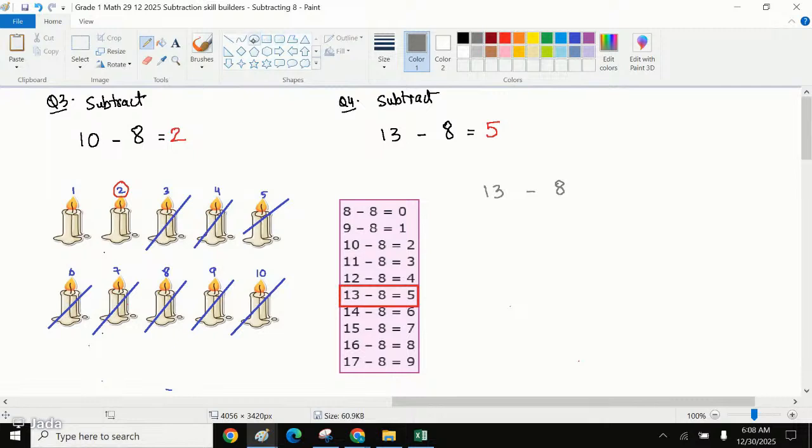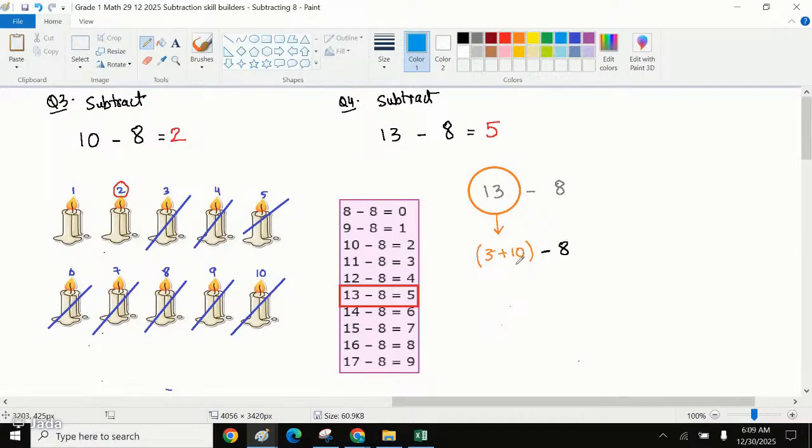So we know that the number 13 can also be written as 10 plus 3, right? 3 plus 10 is 13. And we had to subtract 8 from it, right?